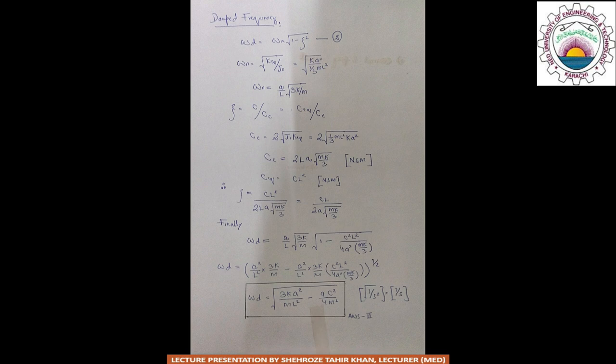Also, Cc is equal to 2La under root Mk upon 3. So this is the value of critical damping constant Cc.